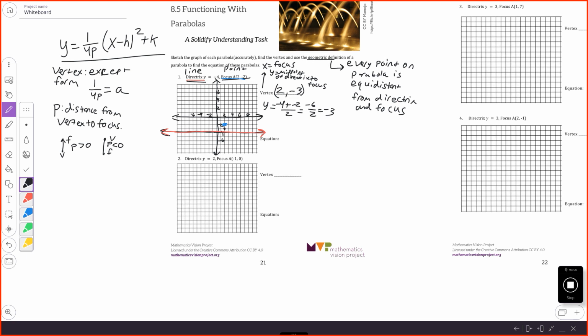For p, I go up, so p is going to be 1. Again, I have my general form of the equation up here. So p is 1, and 4 times 1 is 4. So y is going to equal 1 over 4 times x minus 2 squared minus 3. Hey, look, my vertex is at 2, -3.